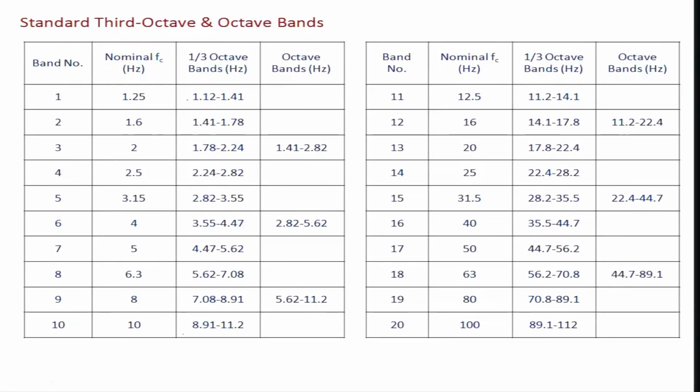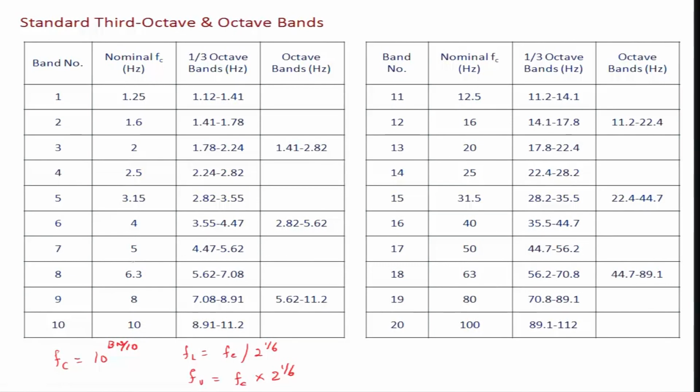Okay. So, here FL is FC divided by 2 to the power of 1 by 6, and FU equals FC times 2 to the power of 1 by 6. Okay. So, for these different band numbers which I have calculated, FC is what? 10 to the power of band number divided by 10.